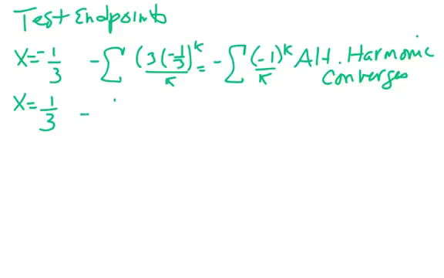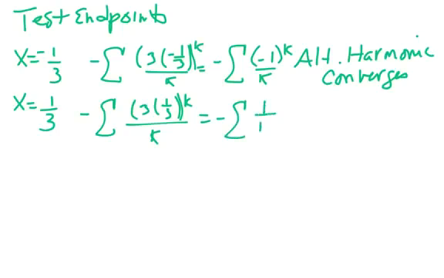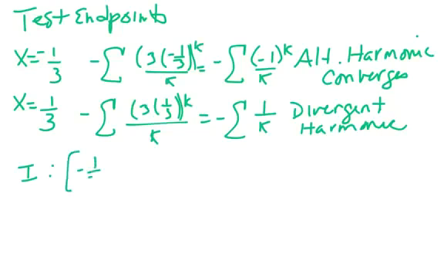And when x is equal to 1/3, we end up with a divergent harmonic. So the interval of convergence is -1/3 inclusive to 1/3 not inclusive. So that is how you use the theorem and integrate term by term to get g of x.